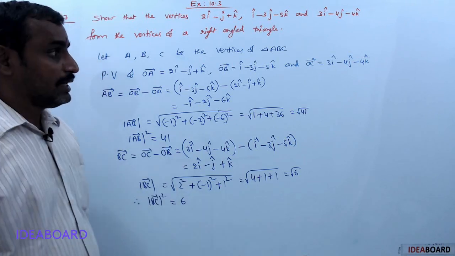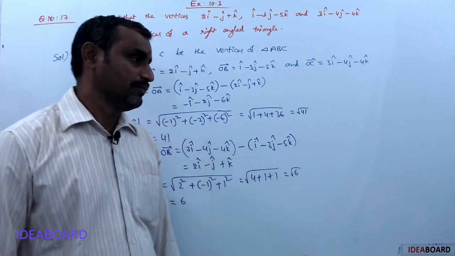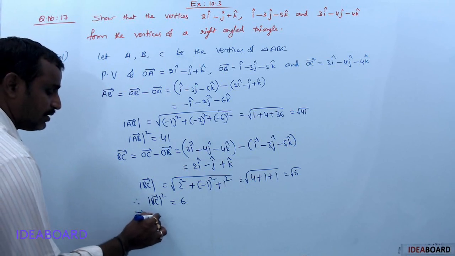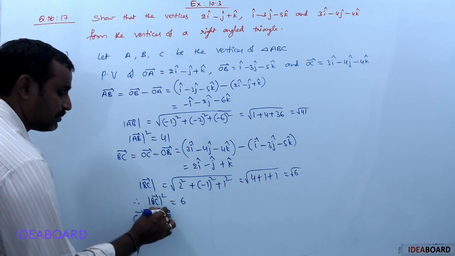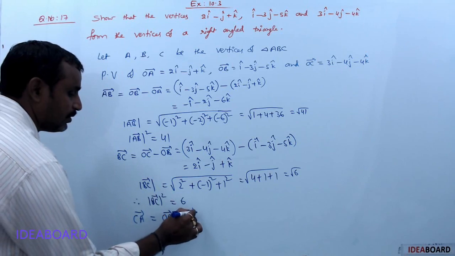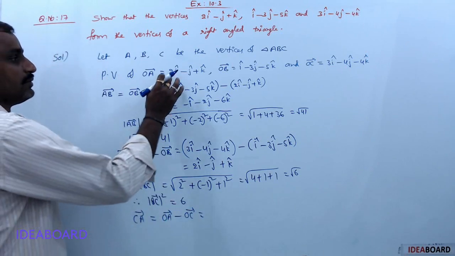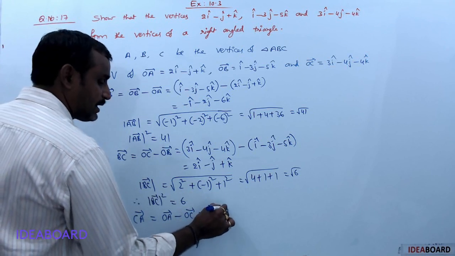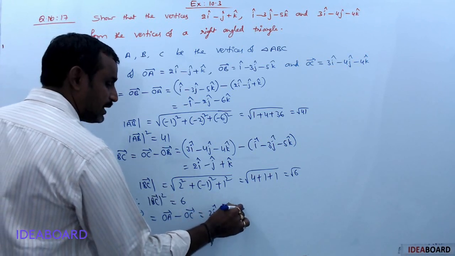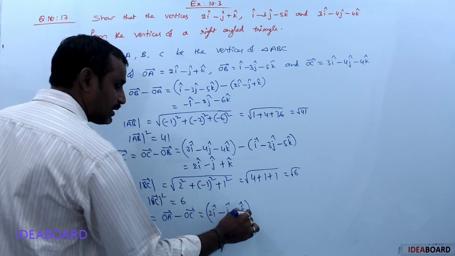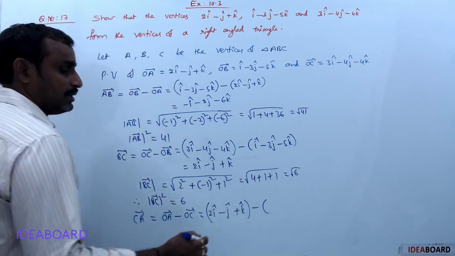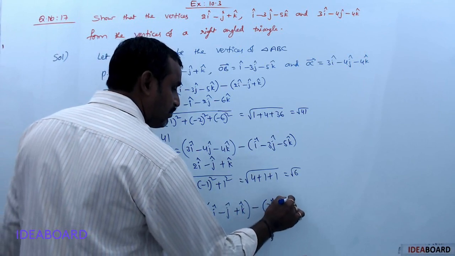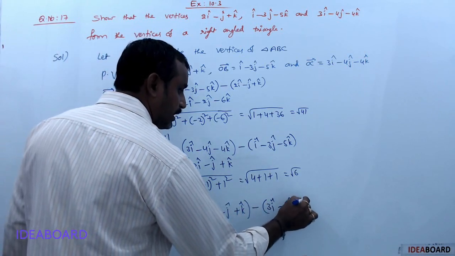So now next you can calculate CA bar also. CA bar is equal to OA bar minus OC bar. OA bar vector 2i cap minus j cap plus k cap. It is subtraction with the vector OC bar 3i cap minus 4j cap minus 4k cap.